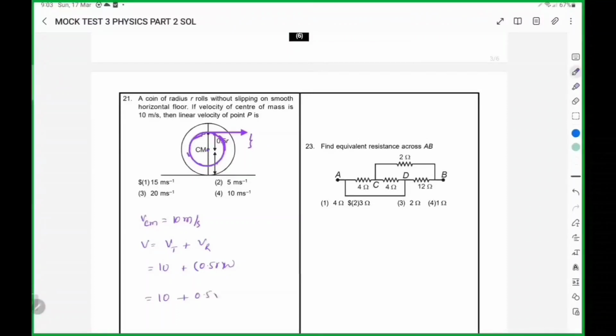So r omega is given right here for center of mass velocity. So 10 plus 0.5 r omega, with r omega being 10, is 15 meter per second.